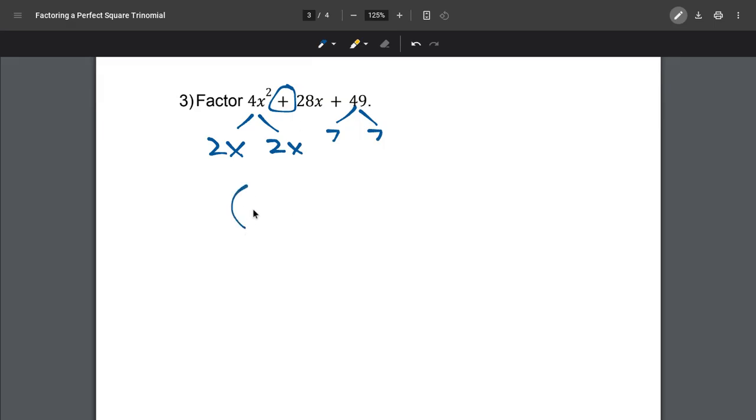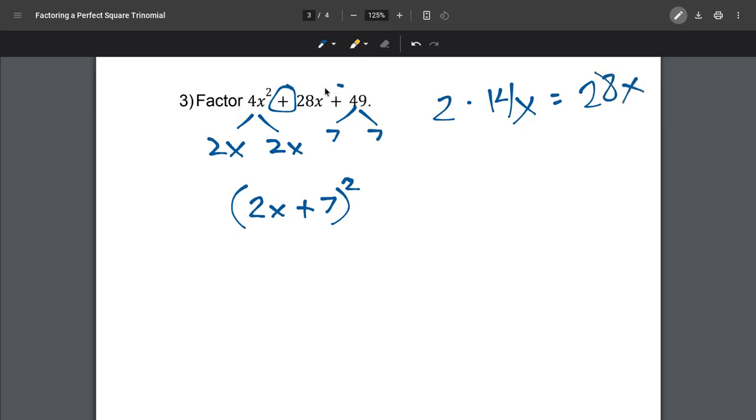So if this is a perfect square trinomial, this should be 2x plus 7 squared when factored. Just do a quick check here. 2x times 7 is 14x. So that's ab, and if you do 2 times 14x, you get 28x. So that is the middle term here. So we're all good there.